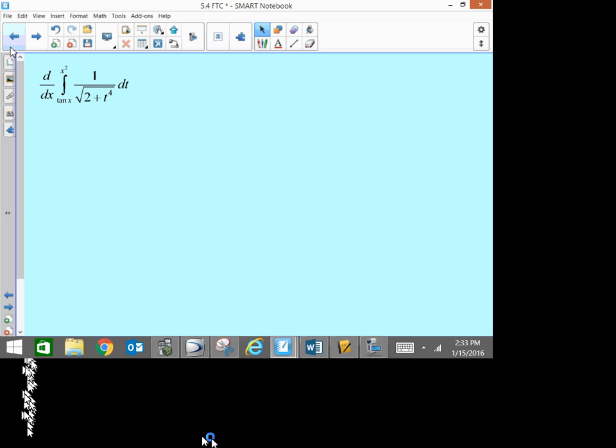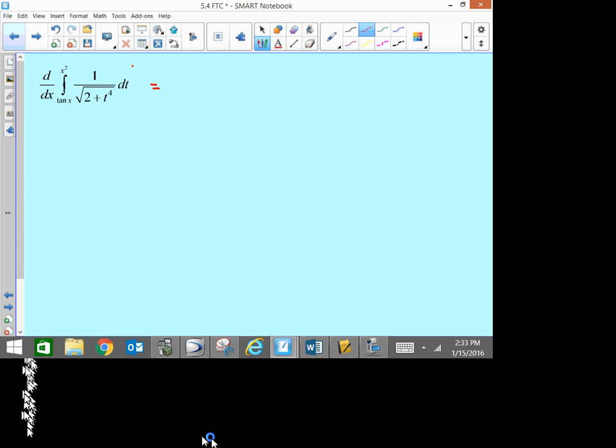First, what do you notice about the upper limit and the lower limit? They're both functions as opposed to what we know to do. So here's what we're going to have to do. We're going to have to split it up.